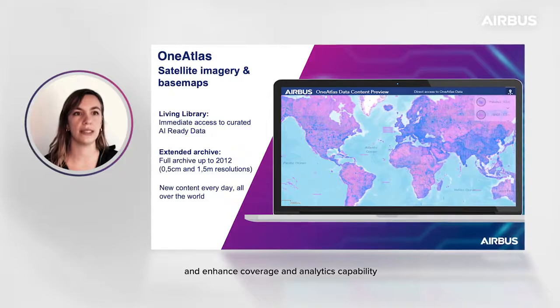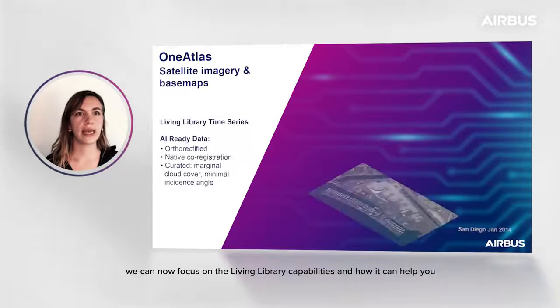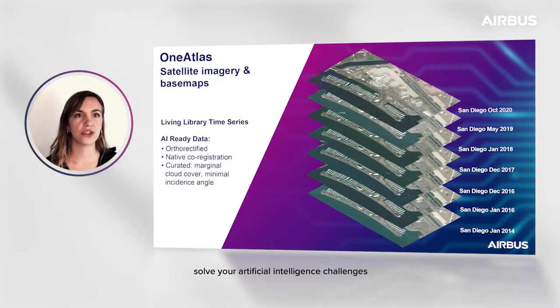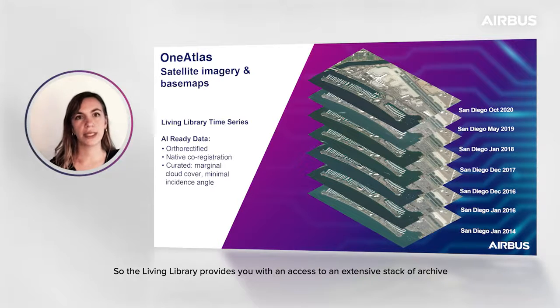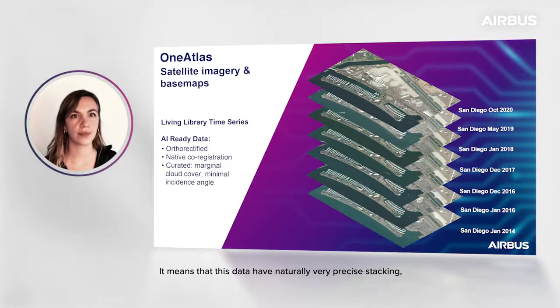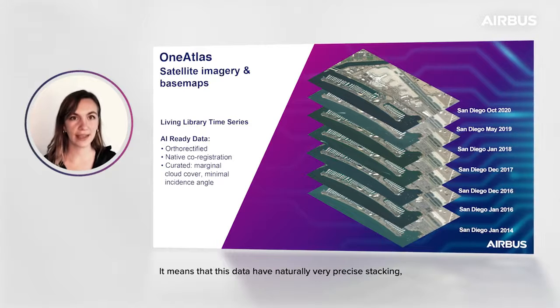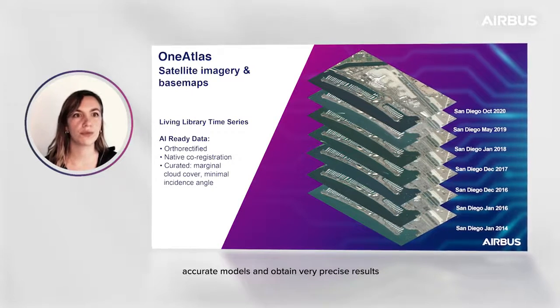We can now focus on the Living Library capabilities and how it can help you solve your artificial intelligence challenges. So the Living Library provides you with access to an extensive stack of archive, ortho-rectified, but also naturally co-registered imagery. It means that these data have a naturally very precise stacking, which makes it perfect to train accurate models or obtain very precise results.